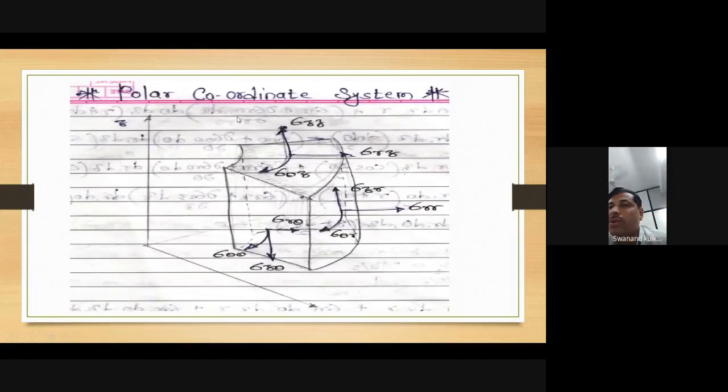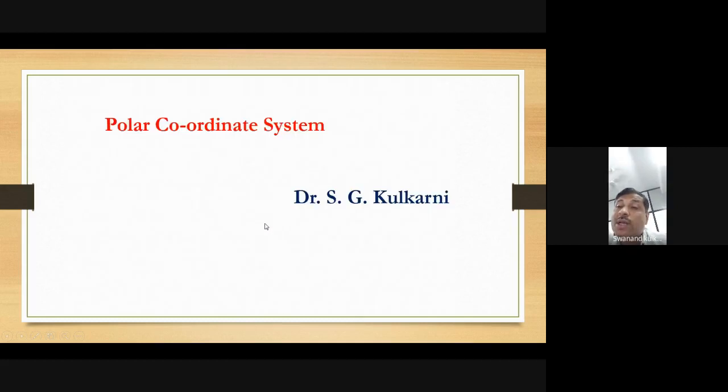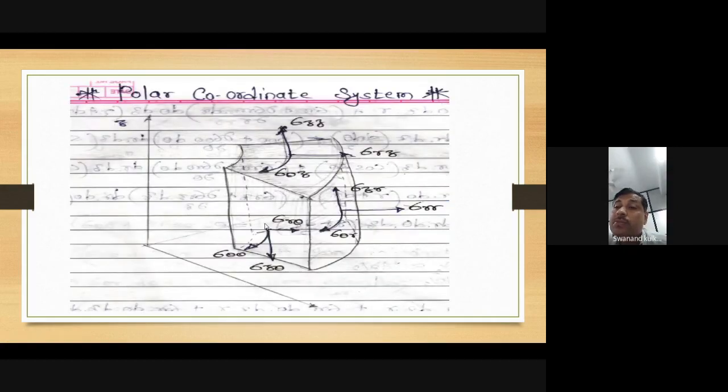By neglecting that Z, you can consider this as a top view, neglecting thickness. Whenever we are considering the plane stress system, we are not considering thickness. By neglecting thickness, this figure is converted to a two-dimensional case, and the various components of the stresses are shown here. Is it okay? So try to understand the various components one by one.